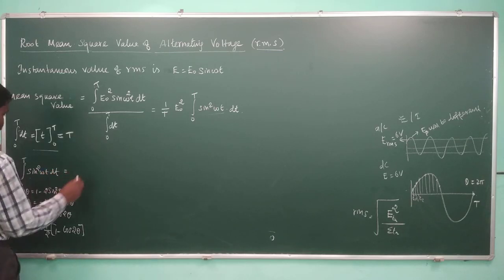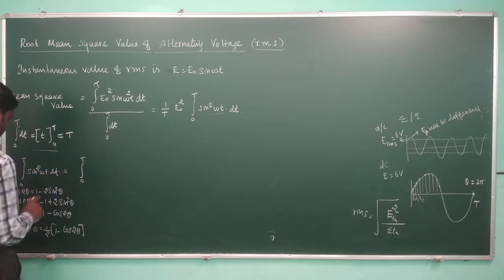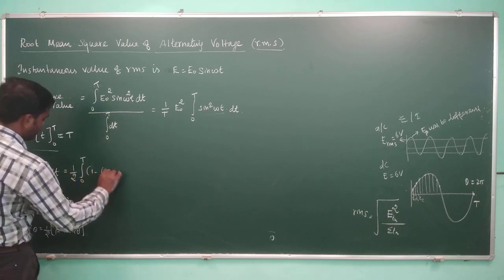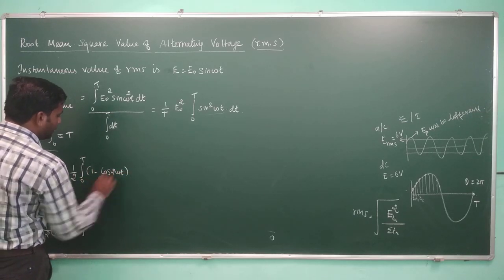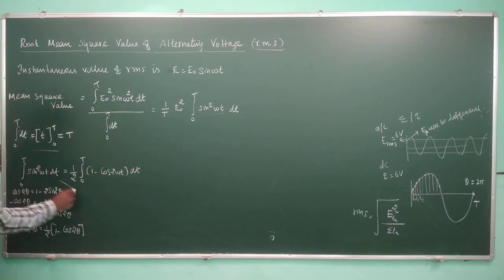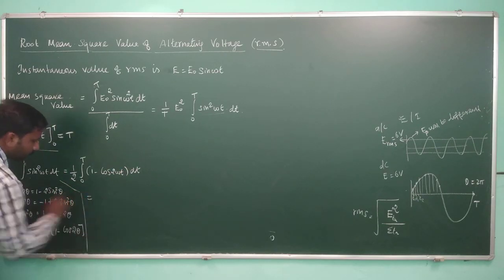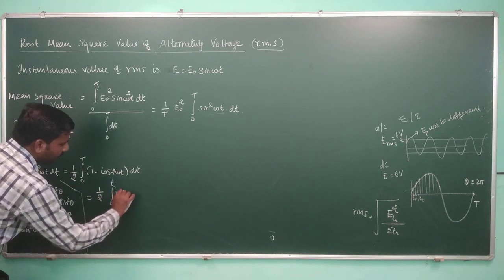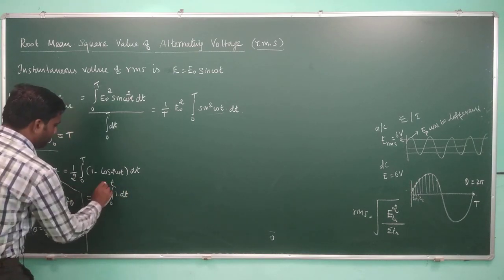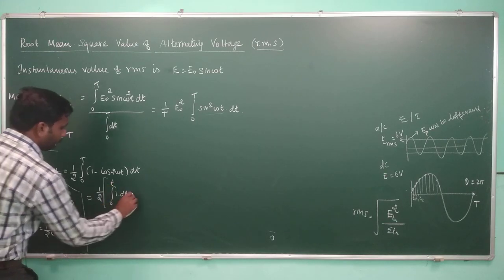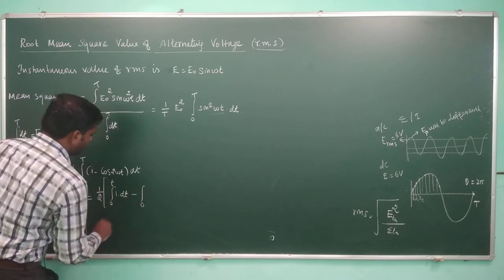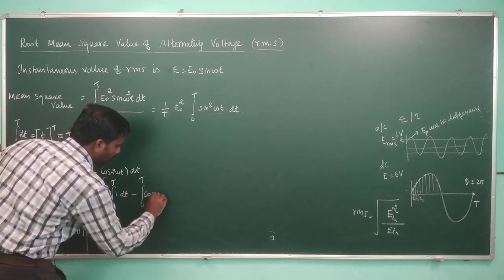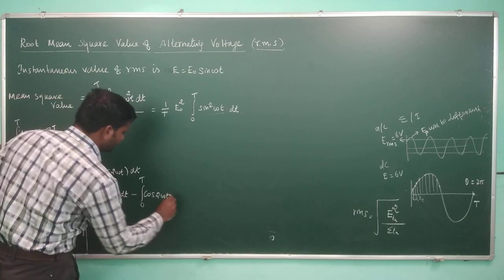So this becomes the integral from 0 to T, and we can bring the 1 by 2 outside, of 1 minus cos 2 omega t into dt. So you can write this as the integral from 0 to T of 1 into dt, minus the integral from 0 to T of cos 2 omega t into dt.